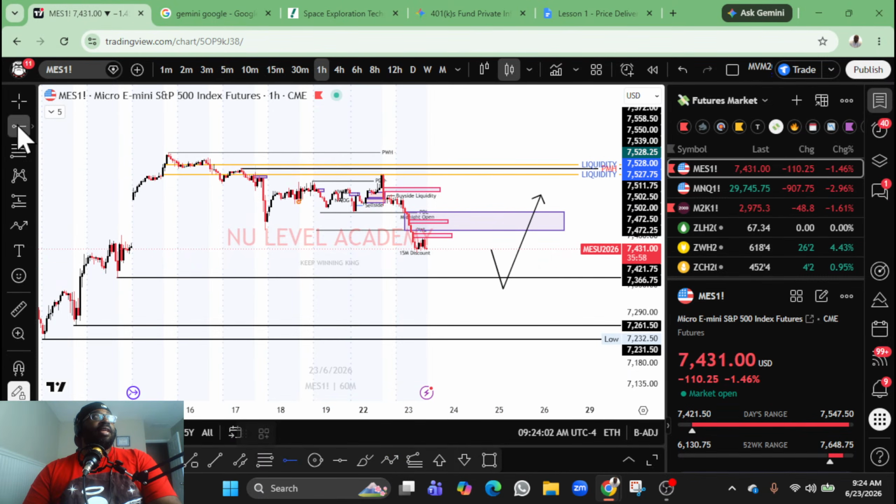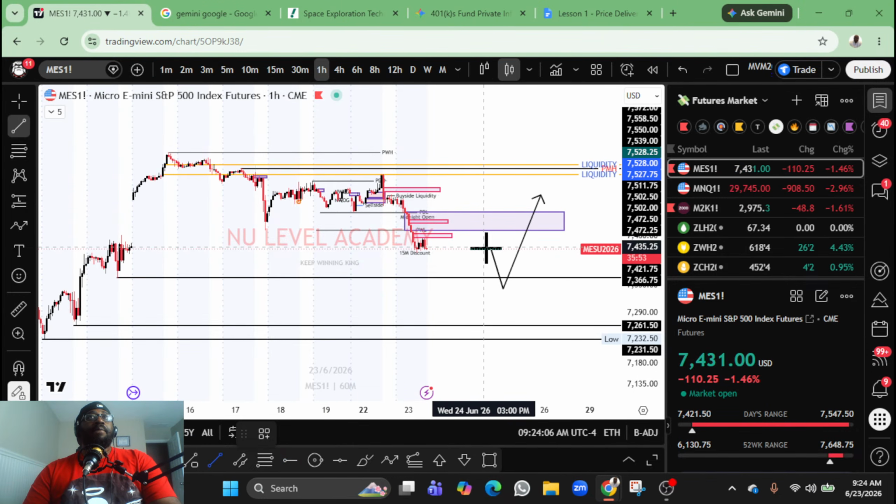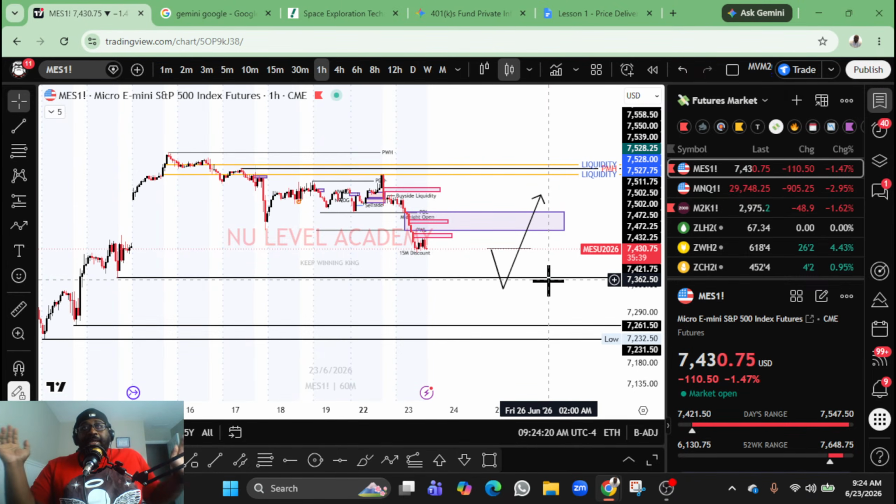And we would want to get in on the position after the retrace, right? After it sweeps liquidity, that's where we will want to take a position. I mean, that's what I think. I don't know honestly. So all we could do right now is just be patient to see.